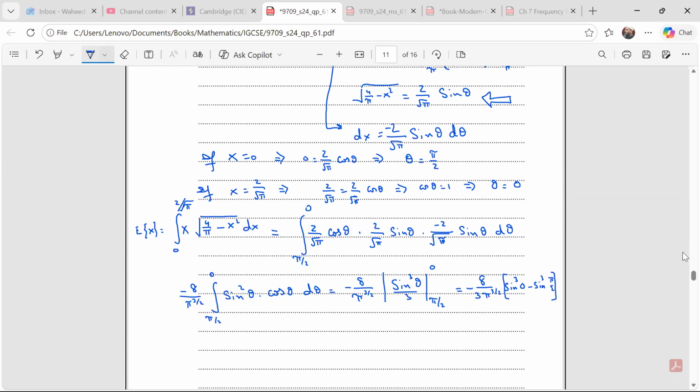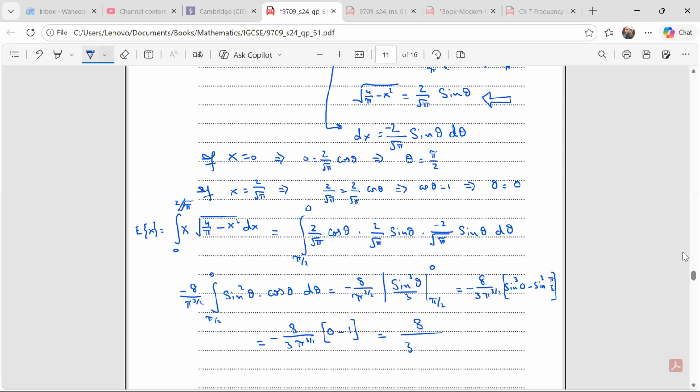So this would be again minus 8 over 3 pi raised to the power 3 by 2. And inside, sine of 0 is 0, and sine of pi by 2 is 1. So 1 power 3 is 1. So the final answer is 8 over 3.